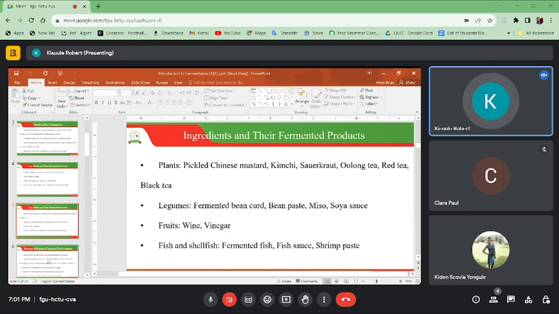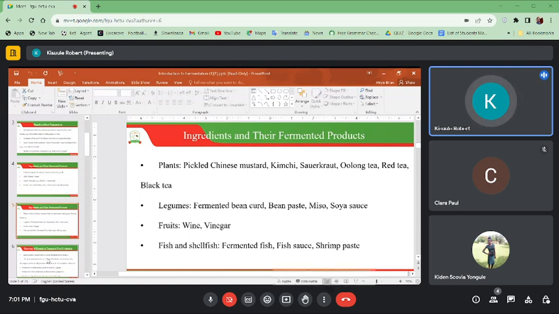So, ingredients and their fermented products. We have the sauerkraut, the oolong tea, the red tea, and the black tea. These can be achieved after fermentation. For legumes, we have the fermented bean curd, the bean paste, the miso, the soya sauce, etc. For legumes, we understand that fermentation takes place, but also there is rot, that's what people call it, or they call it dying.